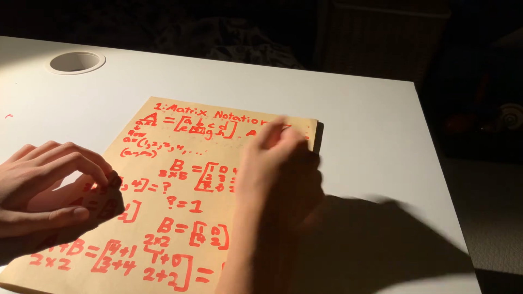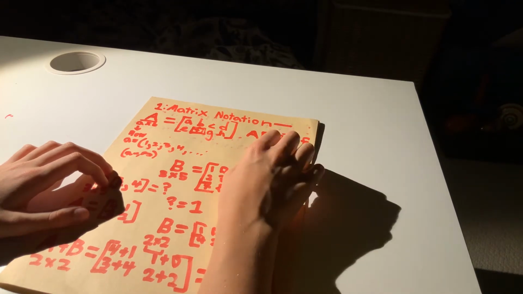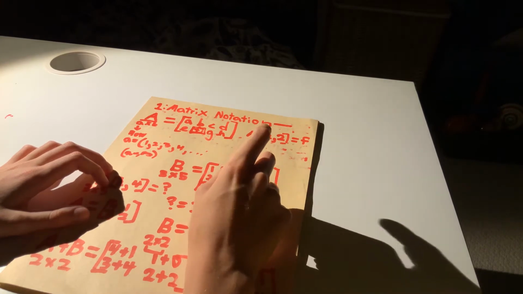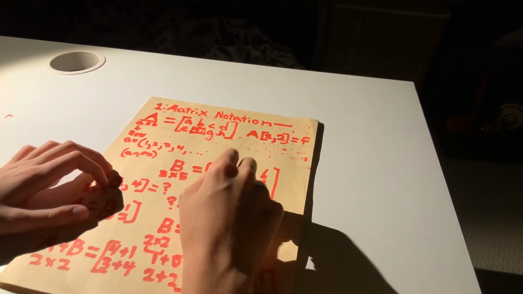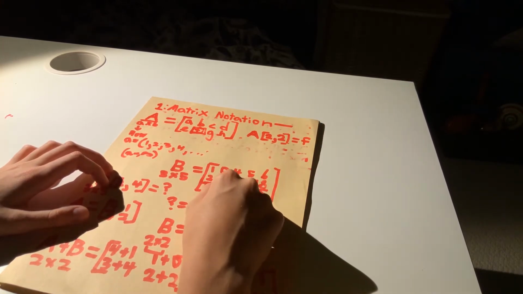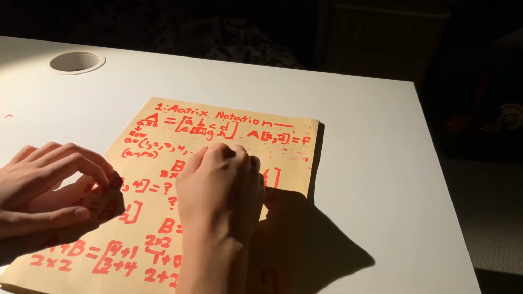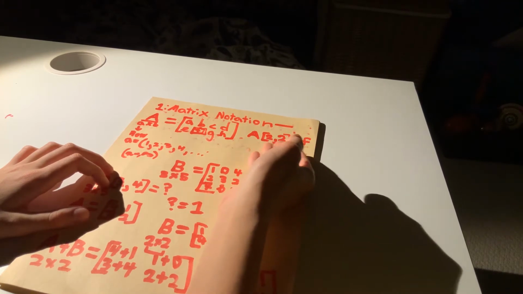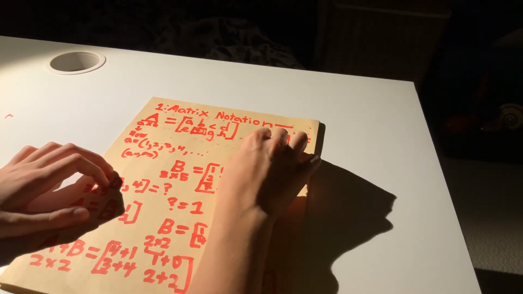If you've graphed ordered pairs, points on a 2-dimensional plane, which you definitely have if you're watching this, then you can relate to this as just a coordinate plane, except in this case we're thinking in terms of rows and columns.